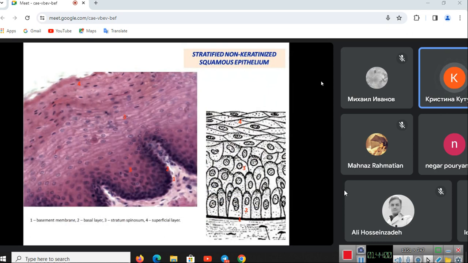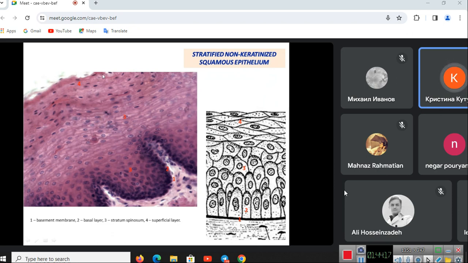Go next to stratified non-keratinized squamous epithelium. It has 3 layers: basal layer lying upon basement membrane, next goes stratum spinosum, and superficial layer.